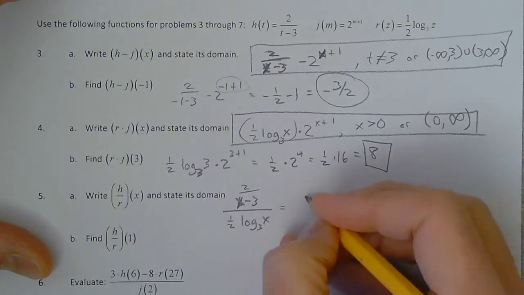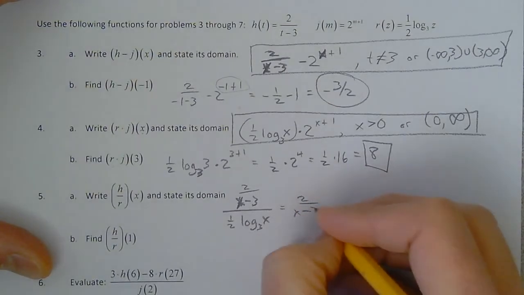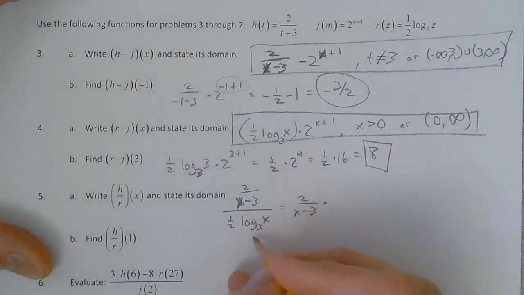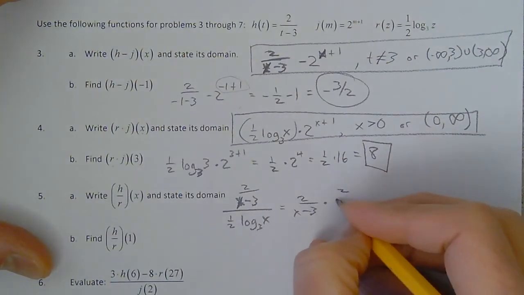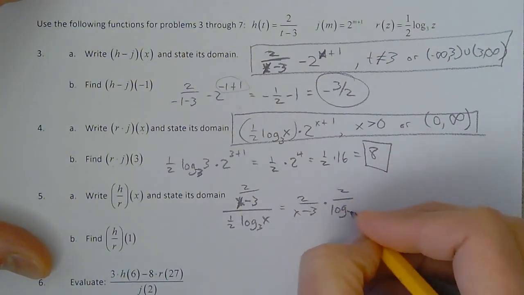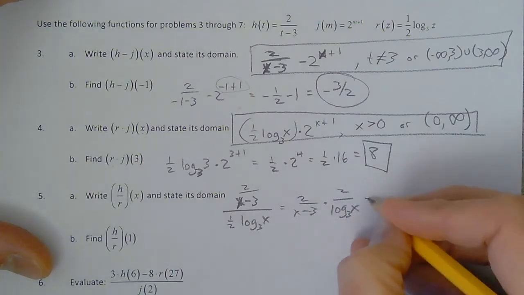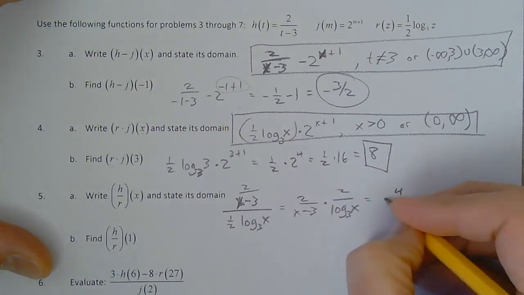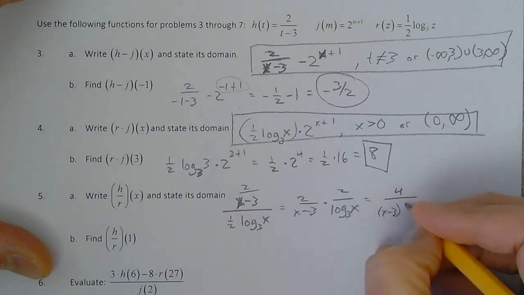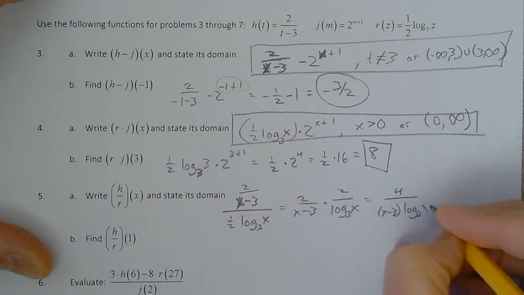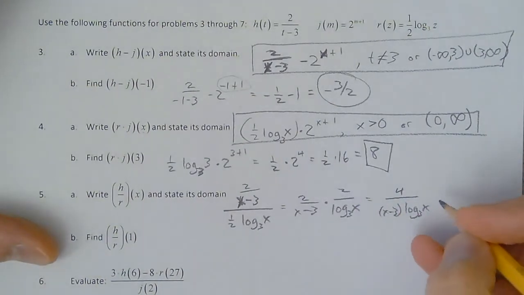That is the same thing as 2 over x minus 3 times, if we flip that over, 2 over log base 3 of x. So this is like 4 over x minus 3 times the log base 3 of x.